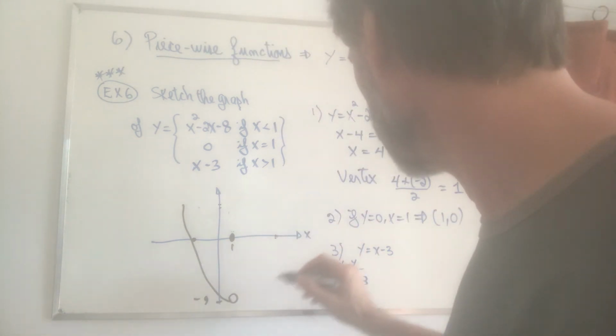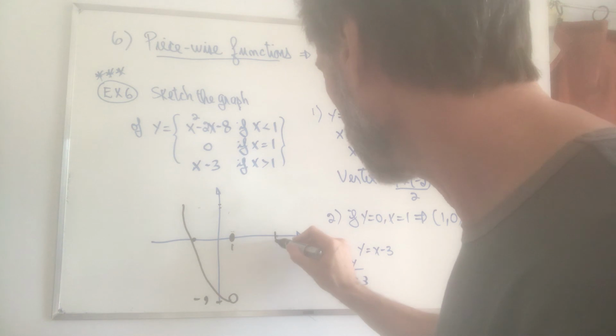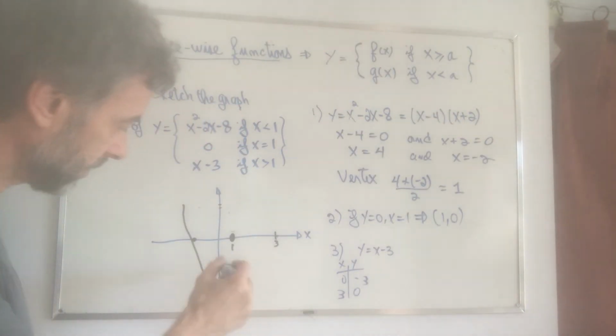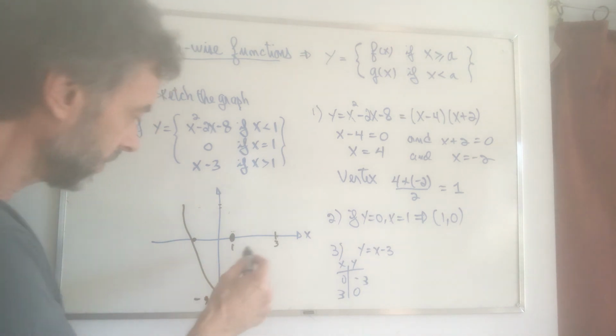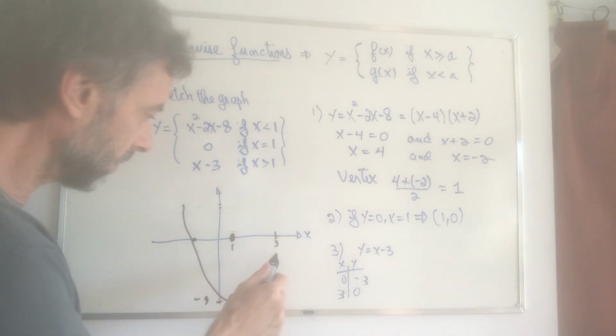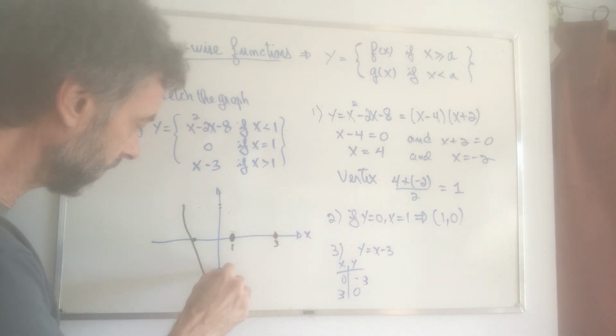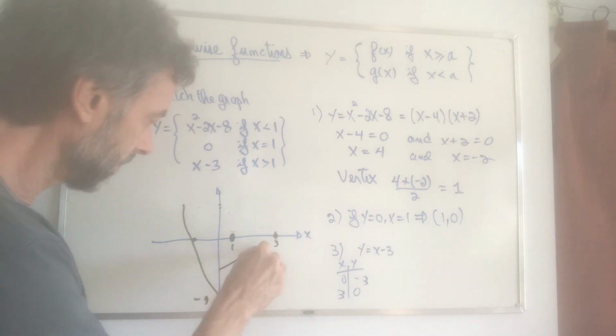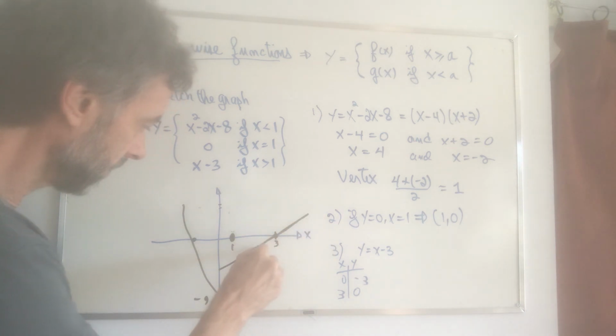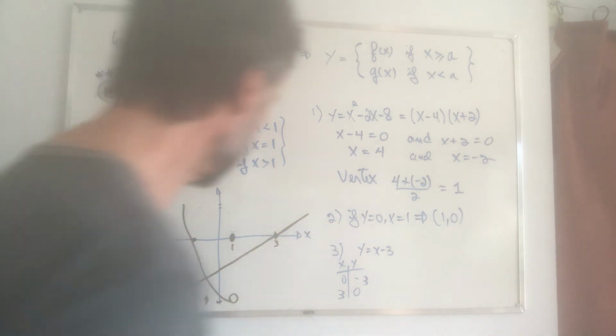Let's say this is the point 3. So 1, 2, 3. And (0, -3) will actually be kind of here. So maybe something like this. Something like that.